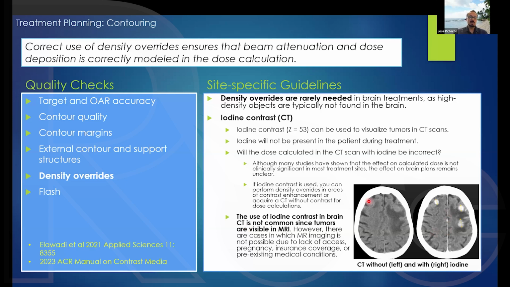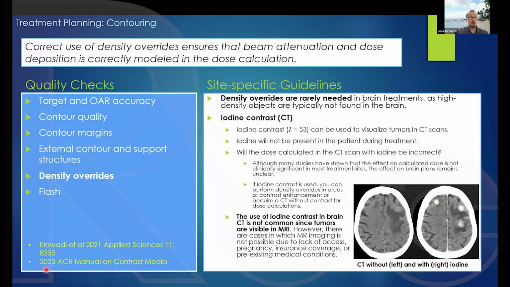Now, like I said, if you have 2 scans, one with and one without, just plan on the without and contour on the with. And if you only have the one with, then you're going to contour and do a density override, right, to overcome the issues. There are very good resources that I'm giving you right here. There's a paper where they talk about these types of situations.